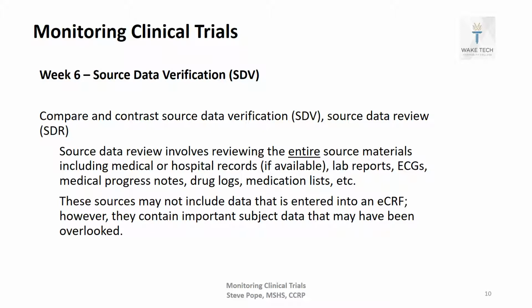So there are other source documents, source data that we want to review while we're out there. These sources may not include data that's entered into the ECRF. However, they can contain important data that may have been overlooked.